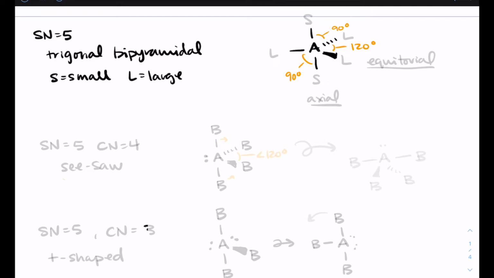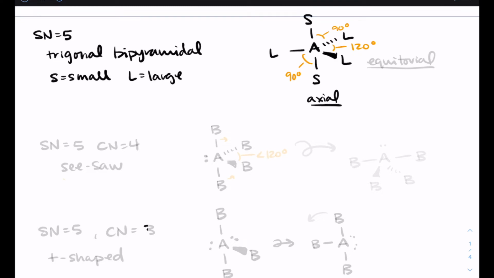So it looks like you took trigonal planar, so just the A and the L's, that looks like trigonal planar, and then we put a little axis on it, which are my axial positions that hold the small atoms. So you can see, right, something in an axial position is 90 degrees away from 3 things.